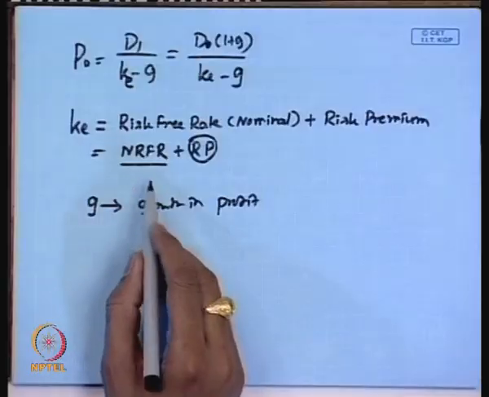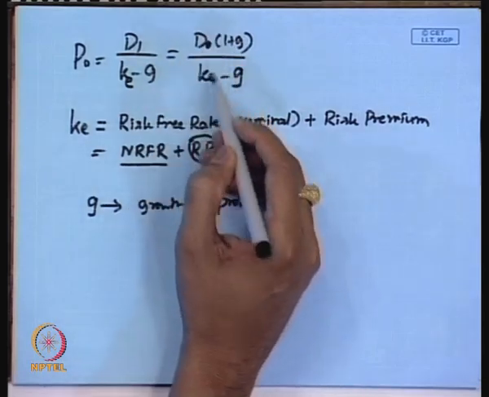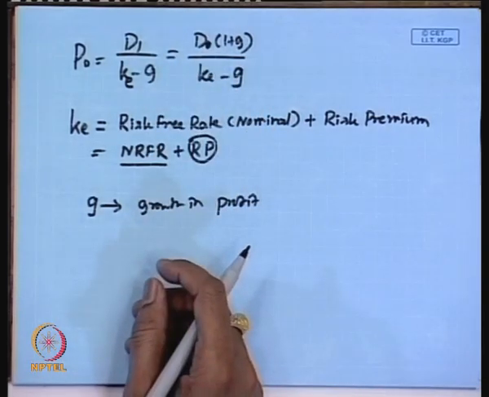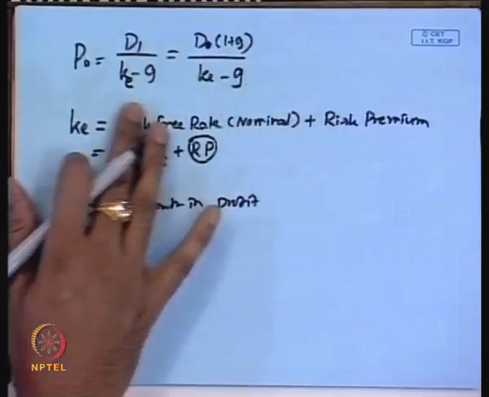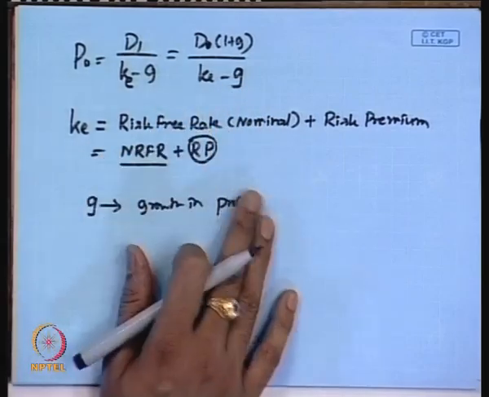So, in that case, this particular dividend is also a function of profit. Profit is a function of the cost and revenue structure of the company, and revenue is a function of the company's products as well as the industry condition as well as the macroeconomic conditions. All those things are ultimately going to affect the value of the share of a particular company if you go by this particular classic dividend discount model.